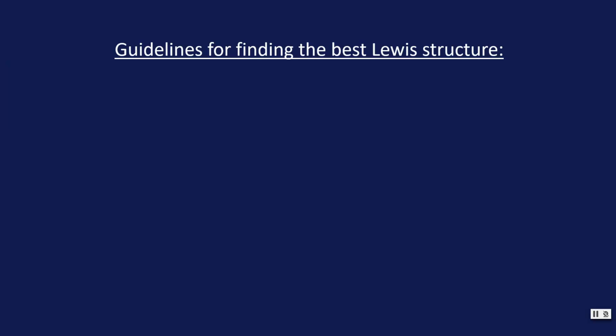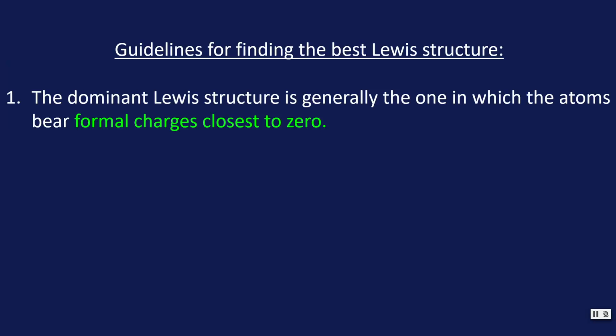So, guidelines. Dominant Lewis structure is generally the one in which the atoms bear the formal charges closest to 0. In other words, you minimize the formal charges. Least number and size of formal charges.